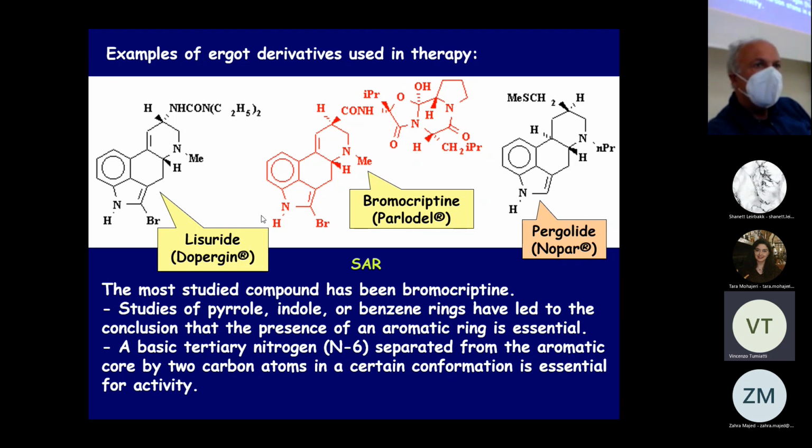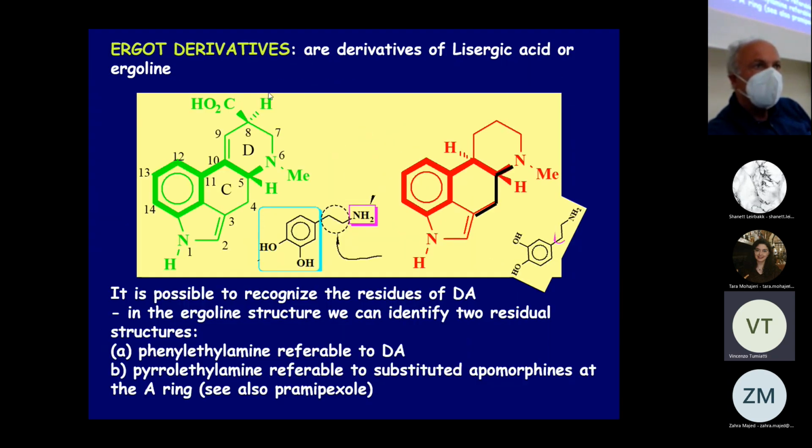LSD, the diethylamide of the lysergic acid. You see here the acidic function. If you want to increase the lipophilicity of this class of compounds, we have to transform, to mask this acidic function in an amide.